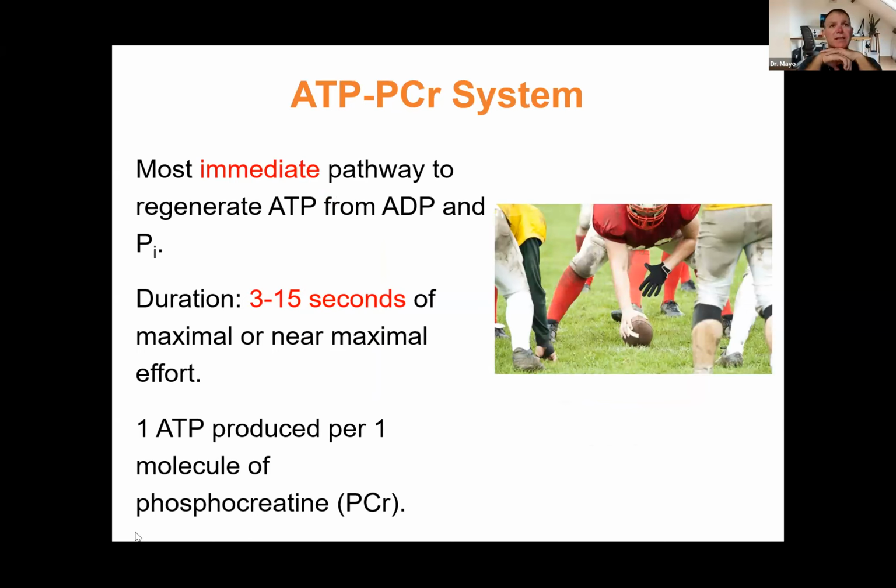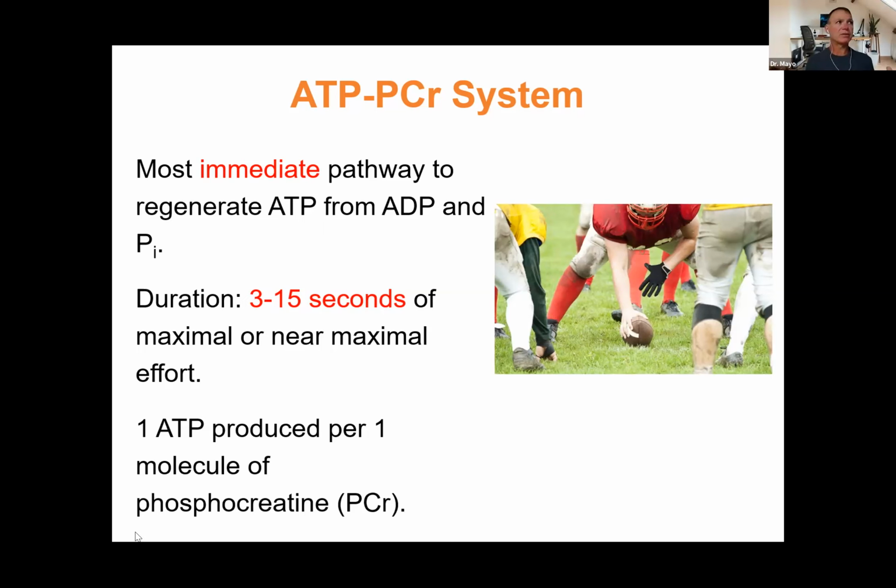Remember, we said this last time, maybe a couple times, that we need this ATP and we don't have it in any unlimited amounts. We always are having to regenerate it. And so the ATP phosphocreatine system is the most immediate way we do that.